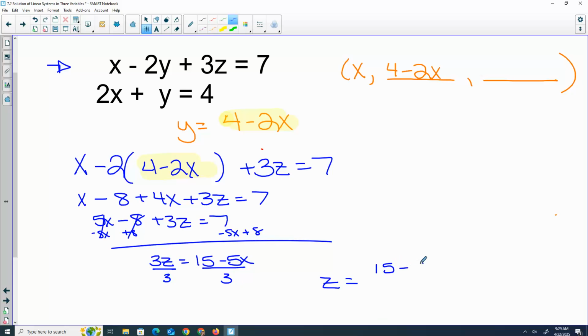So z is 15 minus 5x divided by 3. So because I had more variables than equations, we couldn't get a number answer, we just found a formula. So if I know what x is, I can figure out what y and z have to be.